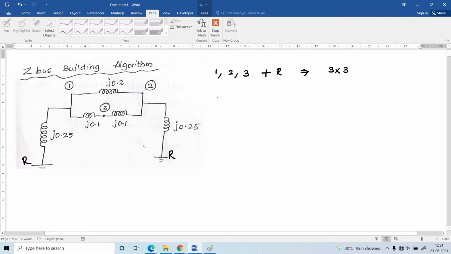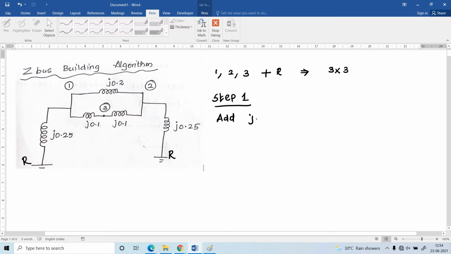First of all, I am going to explain all the steps to find the ZBUS matrix. Step number 1: add J0.25 between the reference node and the new bus 1.